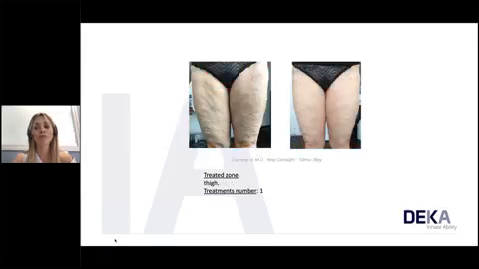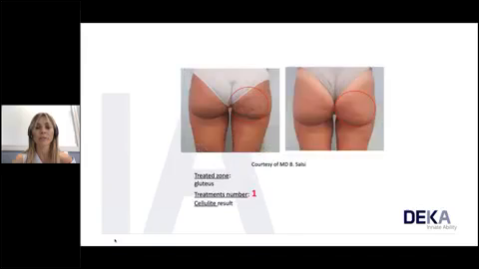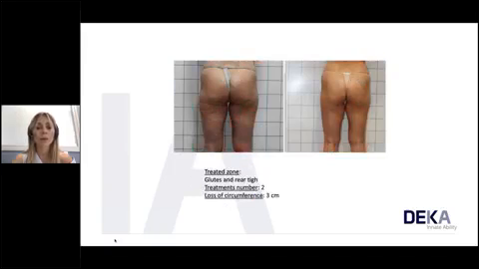And again, the improvement in skin quality only after 1 treatment session. Improvement in cellulite after 1 treatment. And a loss of circumference of 3 centimeters. Improvement in skin quality.